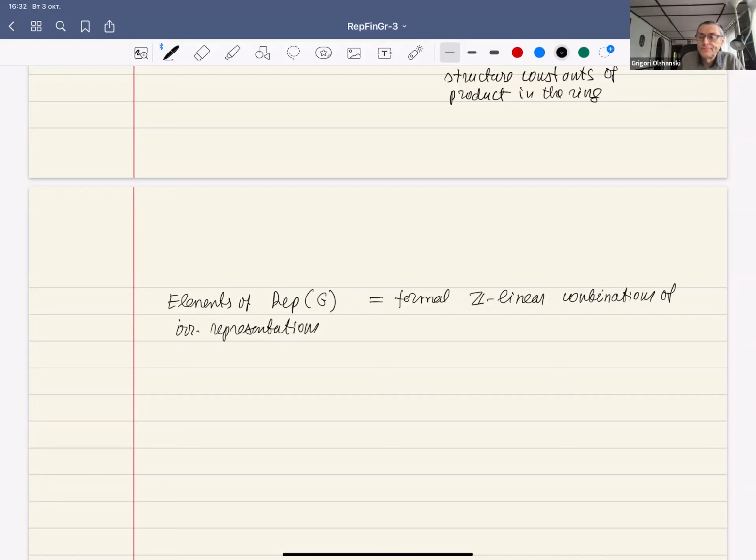If all the coefficients are non-negative, then these are true representations, but otherwise these are what is called virtual representations.